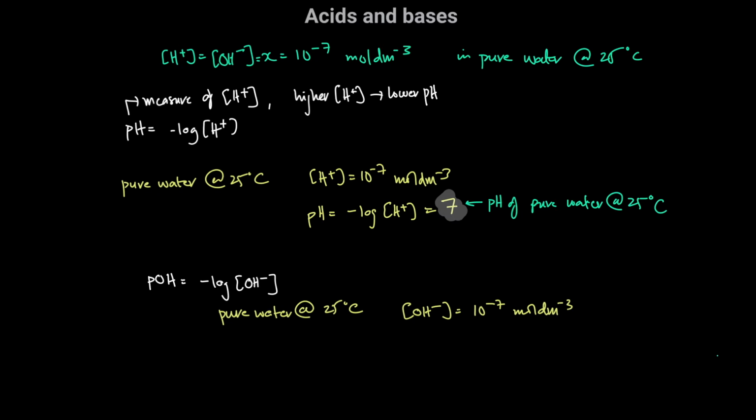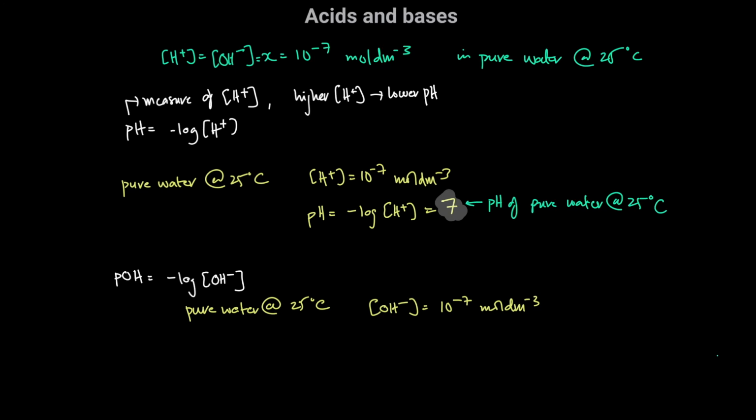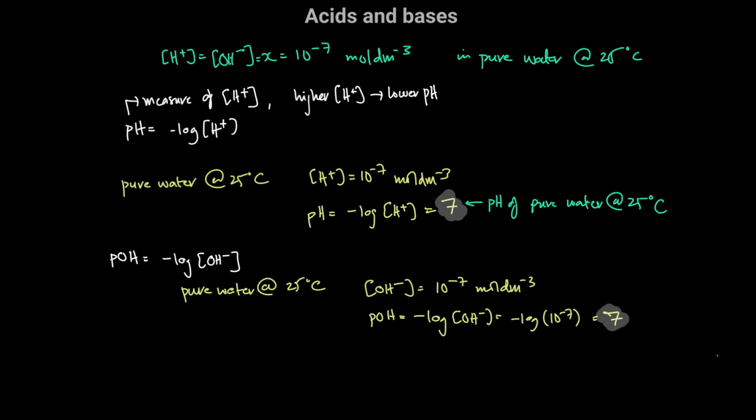So for pure water, the pOH is equal to the minus log of the OH minus concentration, that's minus log of 10 to the power of negative 7, and that is equal to 7. So the pH is equal to the pOH, and this is how we define neutrality. Because the concentration of H+ ions is equal to the concentration of hydroxide ions, we can say that pure water is neutral.